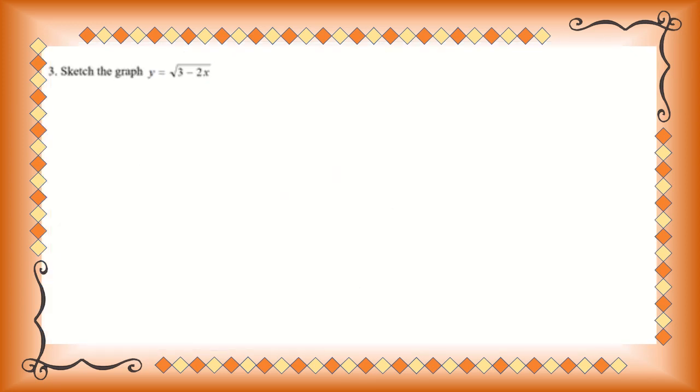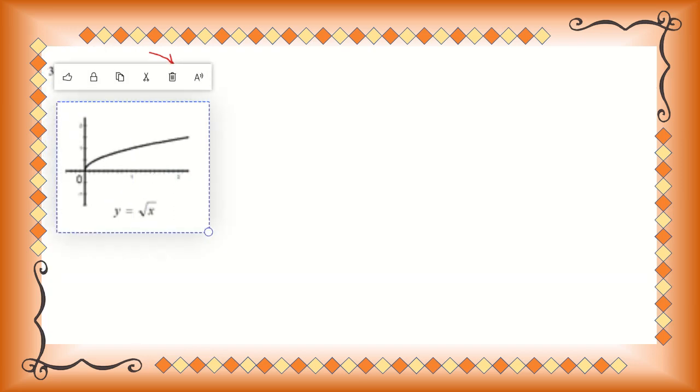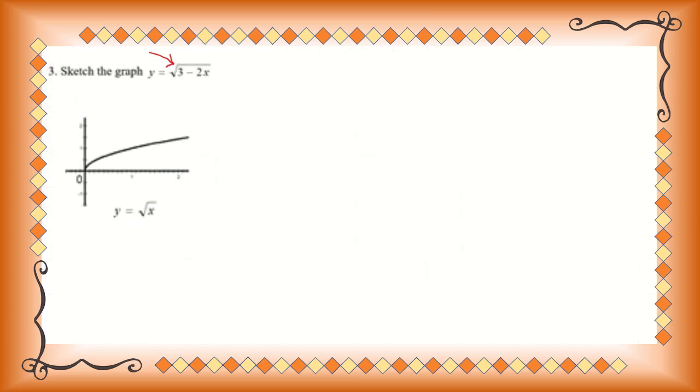Now we look at the next example. Sketch the graph y equals square root of 3 minus 2x. First, identify the parent graph. Since we can see that it's a square root here, so means the parent graph is a square root function. So we can start from the parent graph, square root of x.